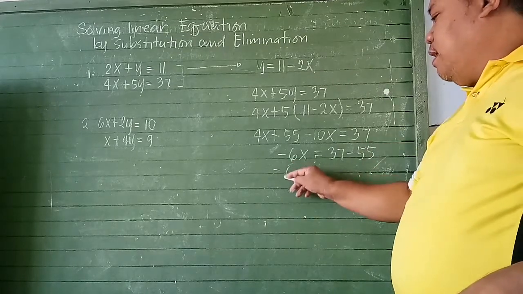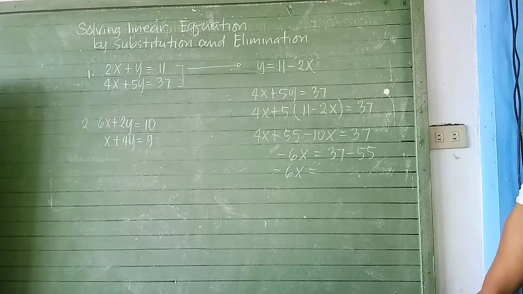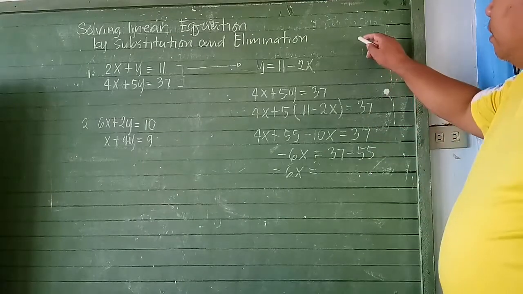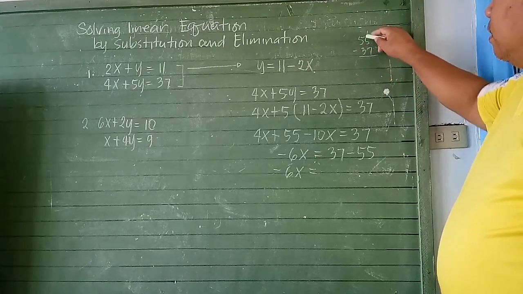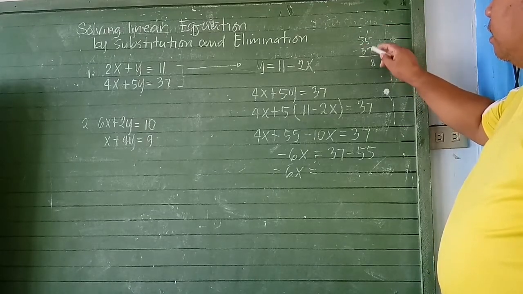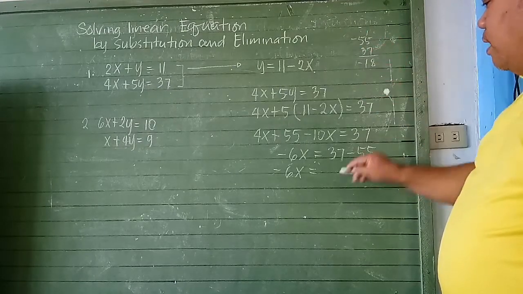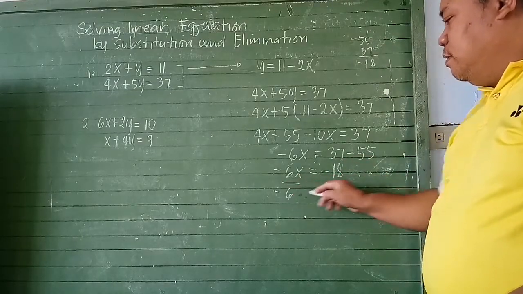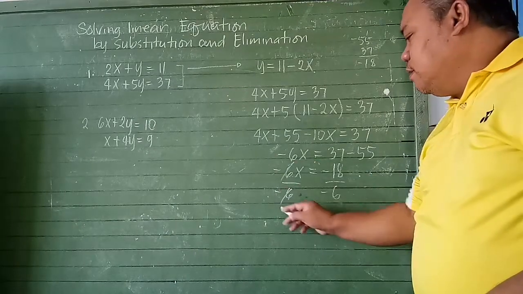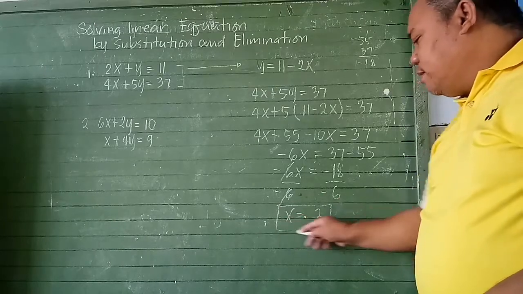So this is negative 6x equals negative 18. Divide both sides by negative 6, so x is equal to 3. That will be the value of x.